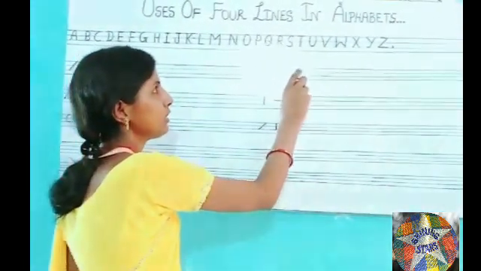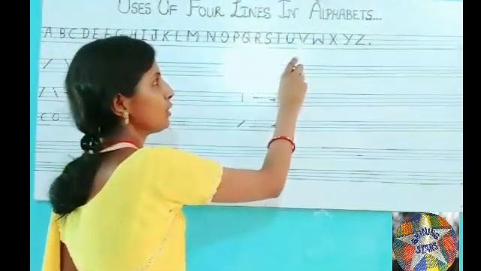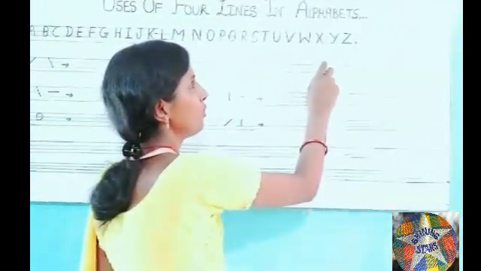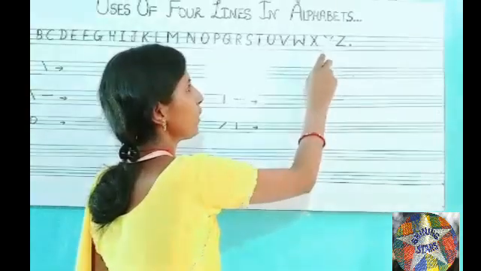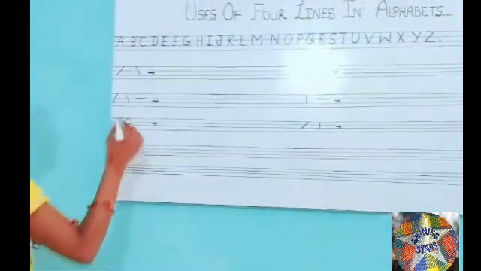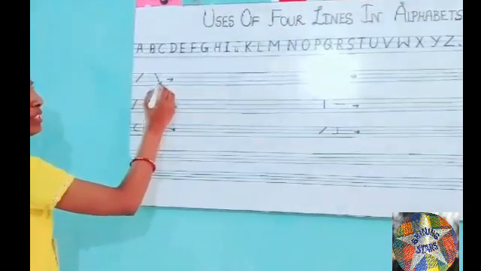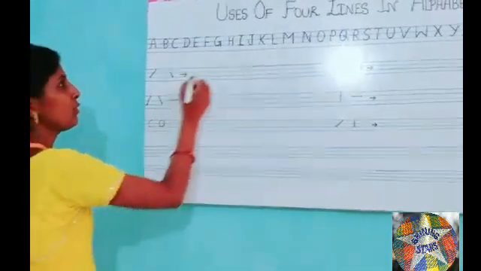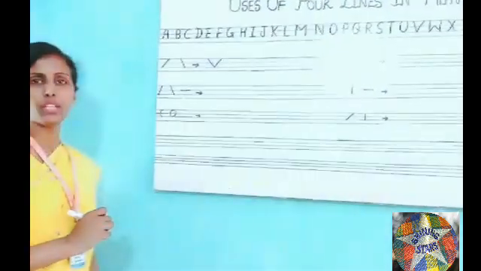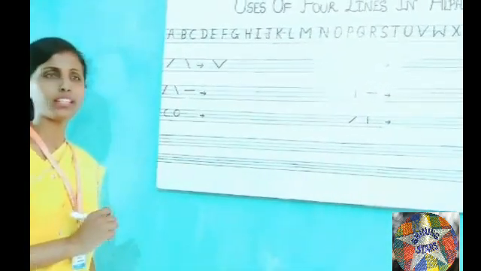Look at here. Two slant lines here. Which alphabet is written? V. After V, we will find two slants, Y and X. So, by using two slant lines, which alphabet will we write?